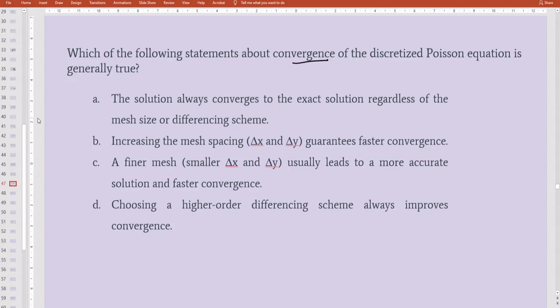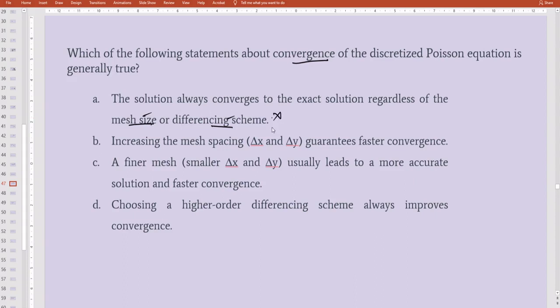Okay, so we can try to solve it from the options itself. The first option says a solution always converges to the exact solution regardless of mesh size and differencing scheme. That is not true. From our knowledge up to here, we can say easily the solution always depends on the differencing scheme and also on the mesh size.